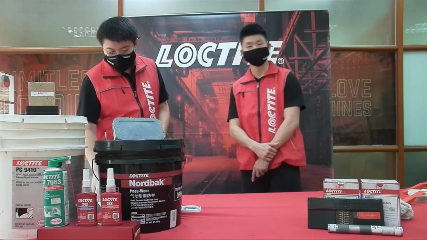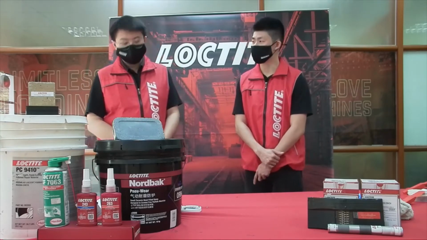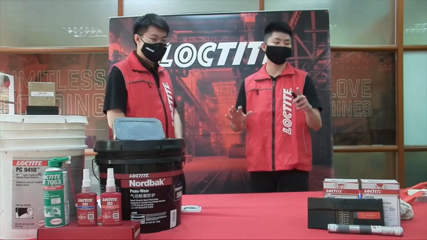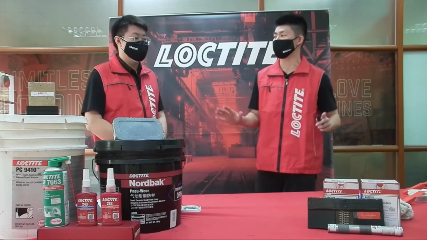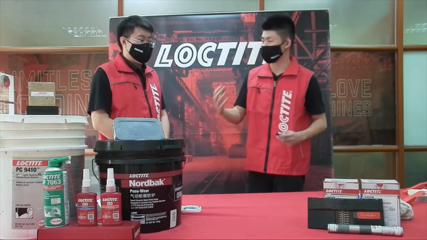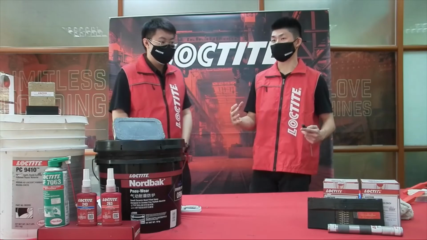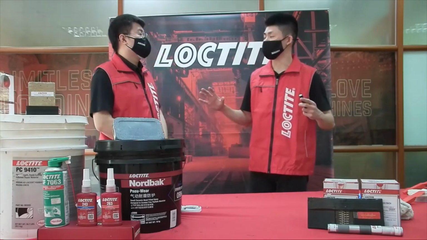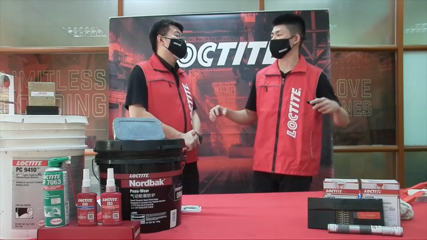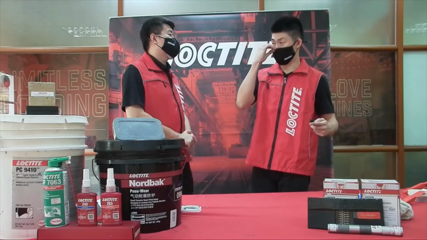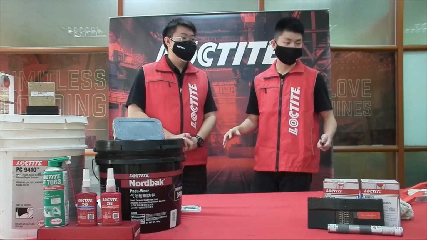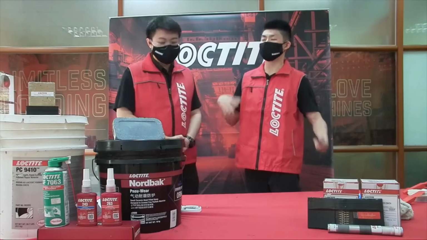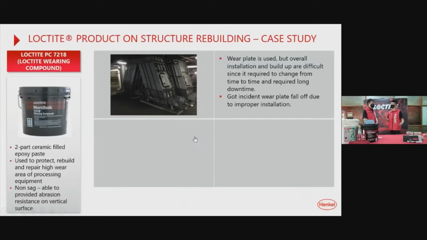Okay, no problem. In terms of application or function, both the wear plate and the bearing compound are the same. The main difference between these products is the convenience of application when we use them. Before that, I'd like to share a project we have done comparing the wear plate and the bearing compound. Previously I had one client using wear plate protection for their chutes.